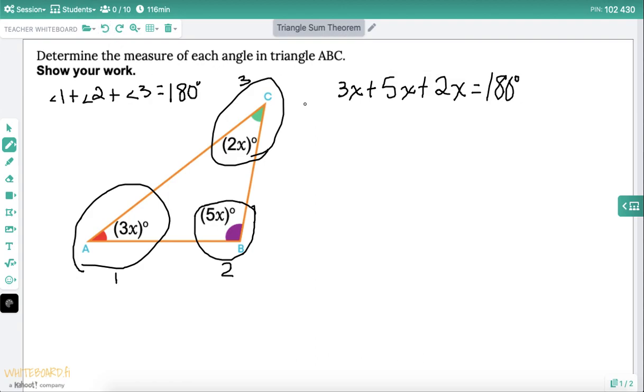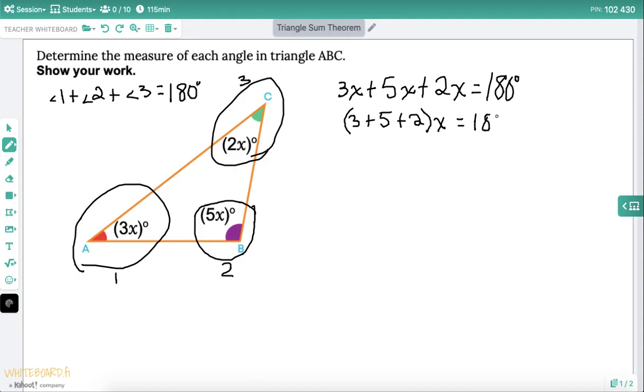So that said, 3x plus 5x plus 2x, what you're going to do is you're going to add the coefficients. So 3 is a coefficient of the first term there, plus 5, which is the coefficient of the second term, and plus 2, which is the coefficient of the last term. So all of these become your new coefficient, and x is only going to be written down once.